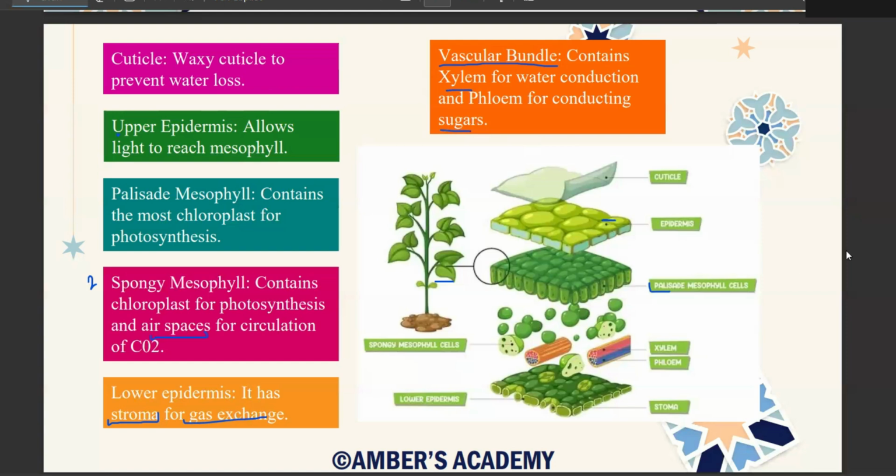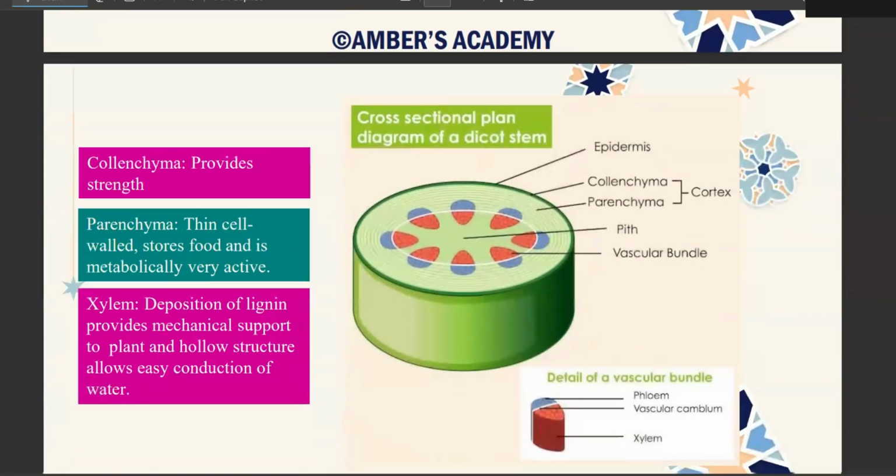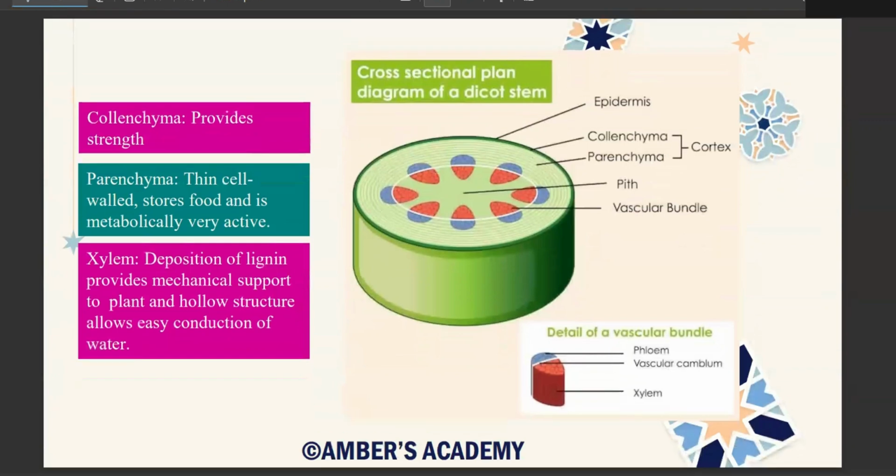Okay, so this is the internal structure of a leaf. The questions I have usually seen ask you to draw a cross-sectional plan diagram of a dicot stem. There's a difference when you're asked to identify. When we do past papers, you'll understand more.